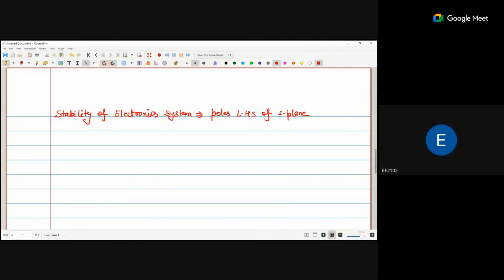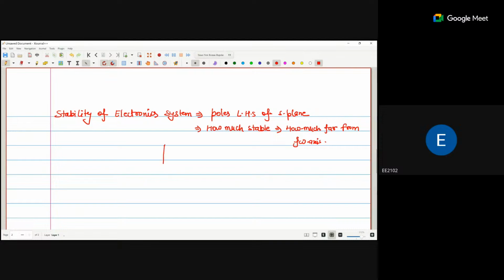Okay, now how much stable? That depends on how far from the j omega axis.